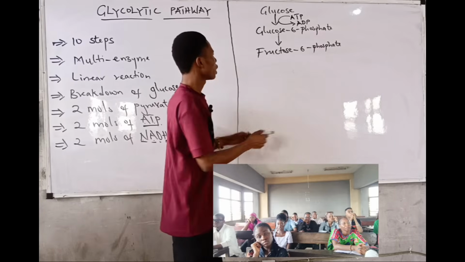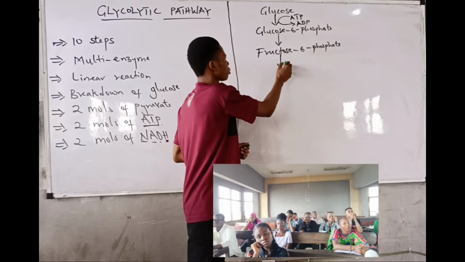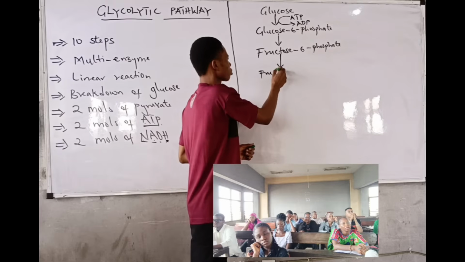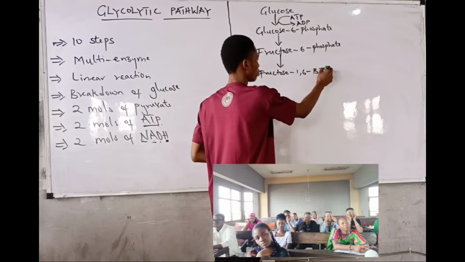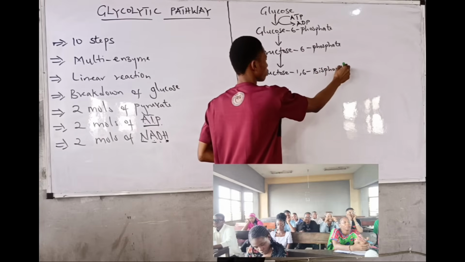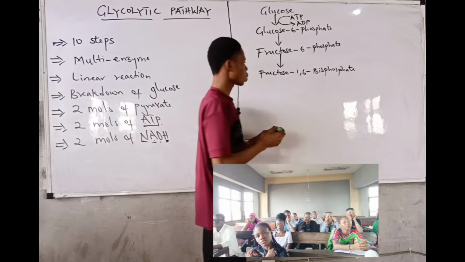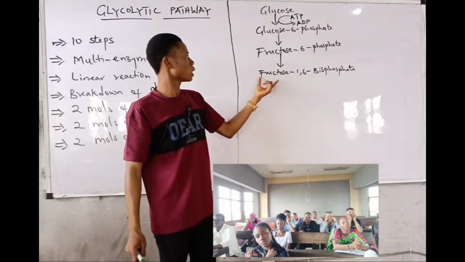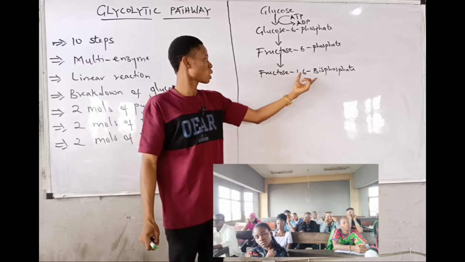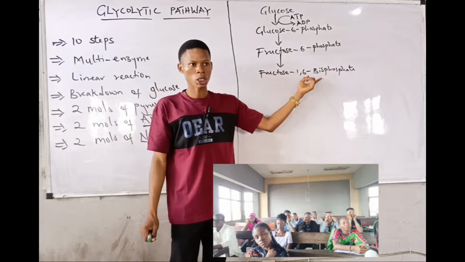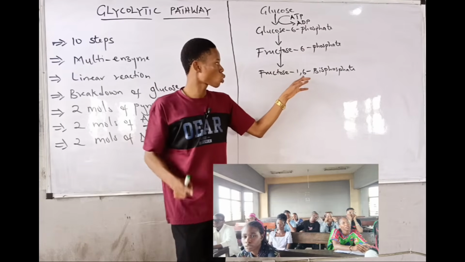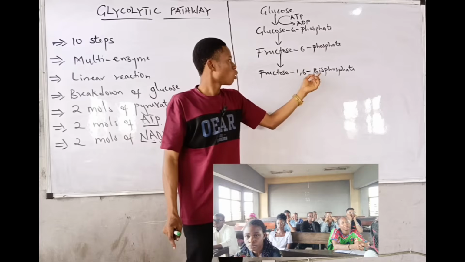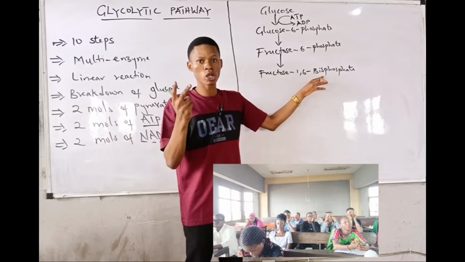Now from fructose 6-phosphate to fructose 1,6-bisphosphate. At this point, what do you notice? How many phosphate groups do we have here? 2, right? Because bisphosphate means 2 phosphate groups.